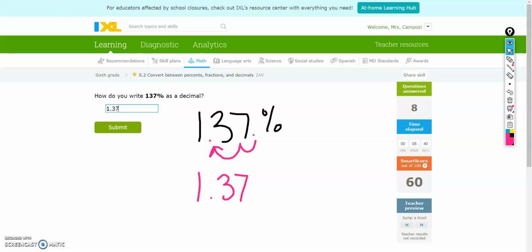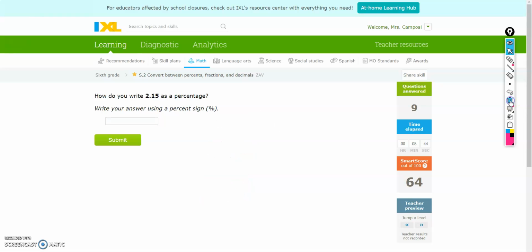Oh, I dropped my pen that I was using. Okay, here we have 2 and 15 hundredths, and we want to change that to a percent. So we're going to move the decimal 2 to the right.